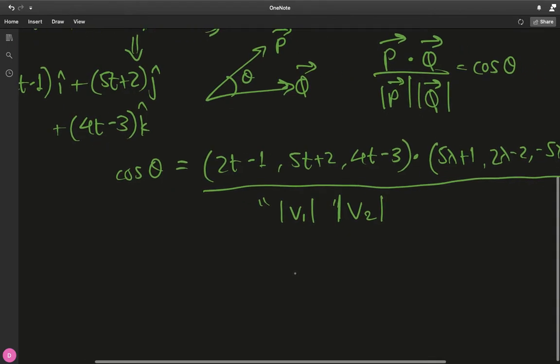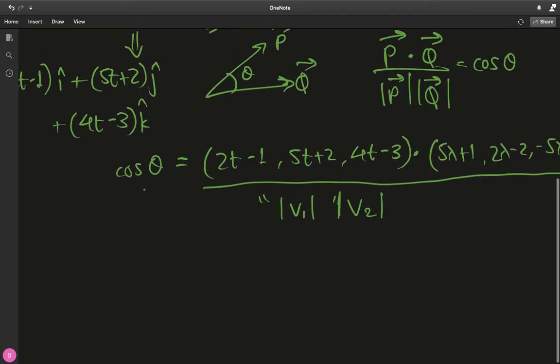But the catch is we have to also deal with these parameterizations. We can't have an angle in terms of t times lambda and weird stuff.